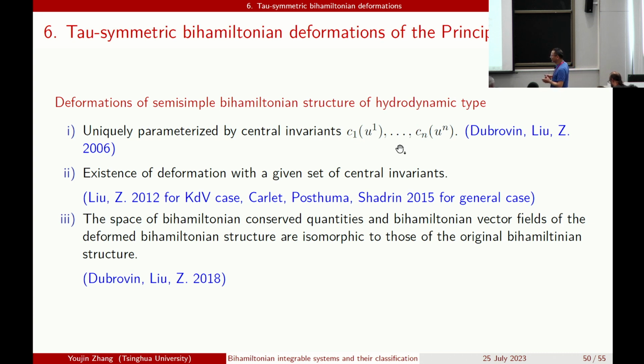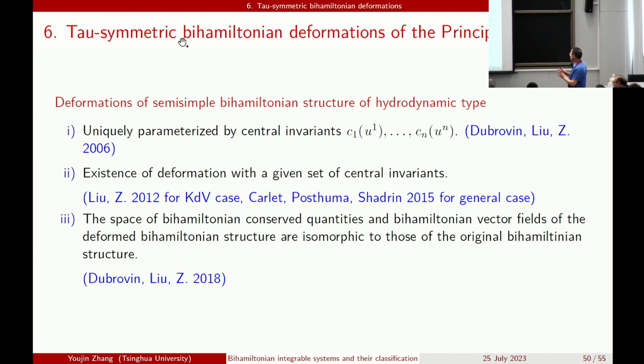They are called central invariants. These central invariants uniquely determine the deformations, and if we are given a set of such smooth functions, we can actually define deformations of this semi-simple bihamiltonian structure of hydrodynamic type. And if we have a deformation, then we can also obtain the deformation of the associated integrable hierarchy, which we call the principal hierarchy. So this deformation also always exists.